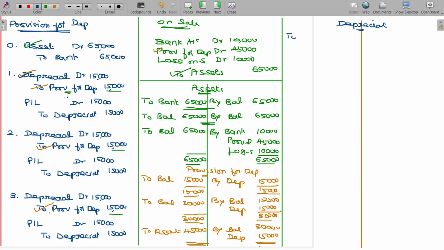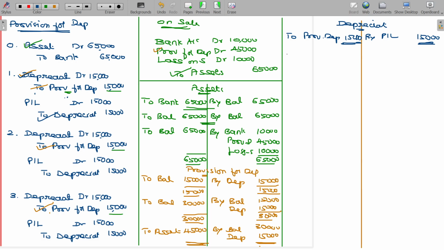So two provision, asset adjustment provision accumulate பண்றோம். Provision for depreciation 15, and immediately it is transferred to the P&L account. So by P&L account 15,000. This will be repeated year on year. We don't have any balance for the depreciation as it is being done year on year.